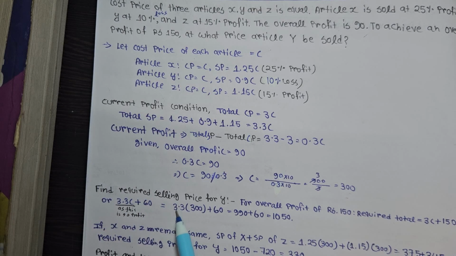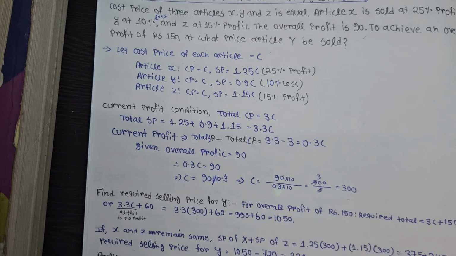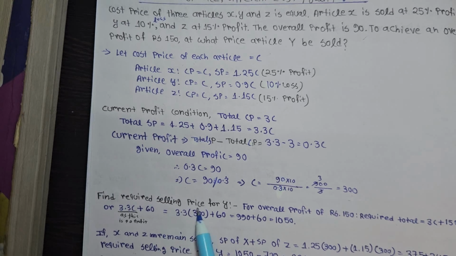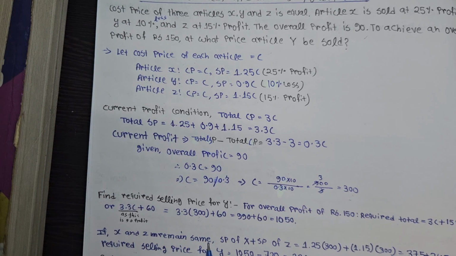If we calculate 3.3 into 300, because the value of C is 300, it comes to 1050 rupees, right?